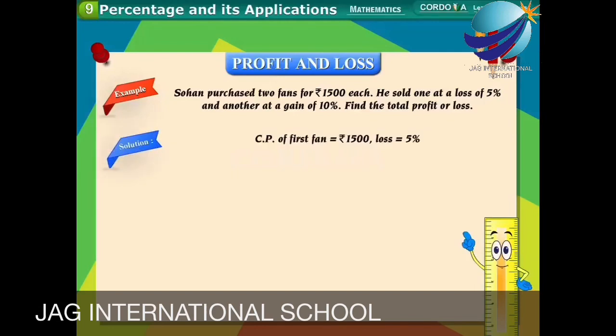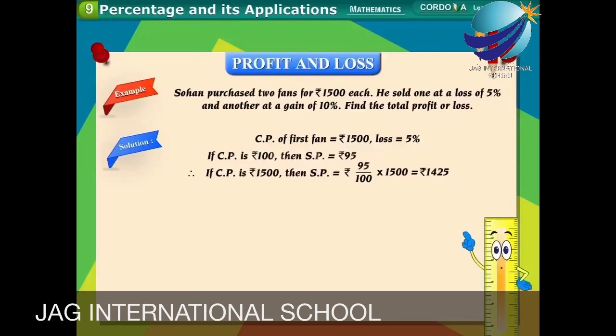Solution. CP of first fan is equal to rupees 1,500. Loss is equal to 5%. If CP is rupees 100, then SP is equal to rupees 95.